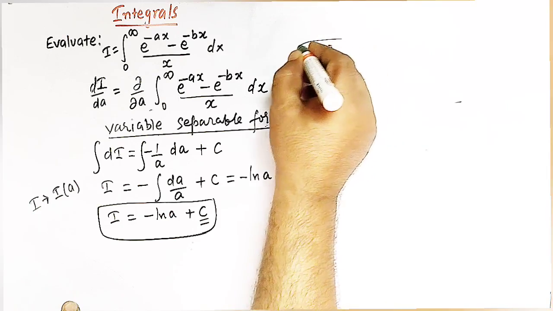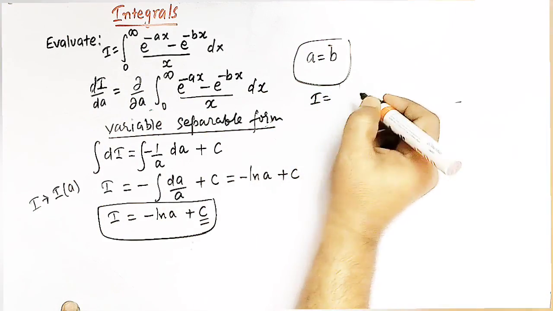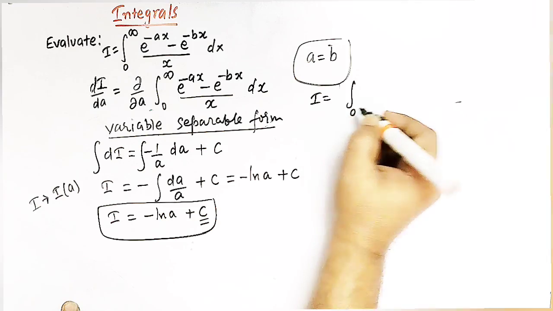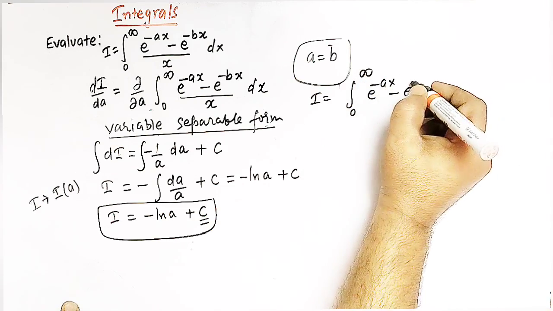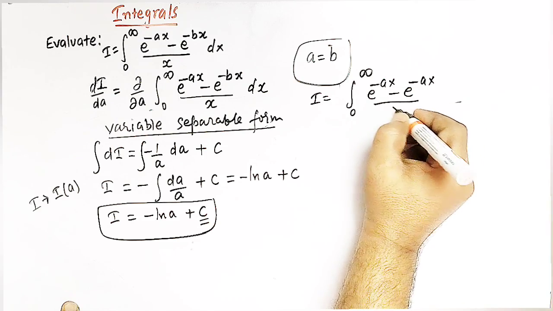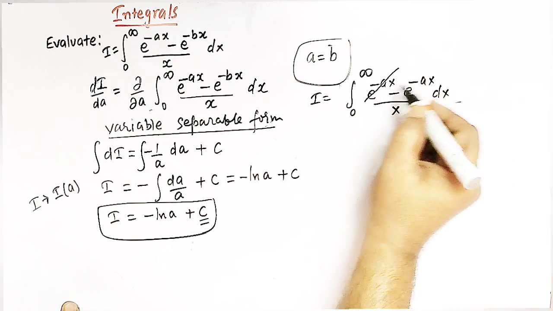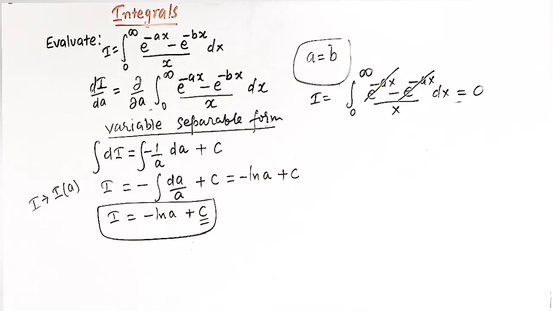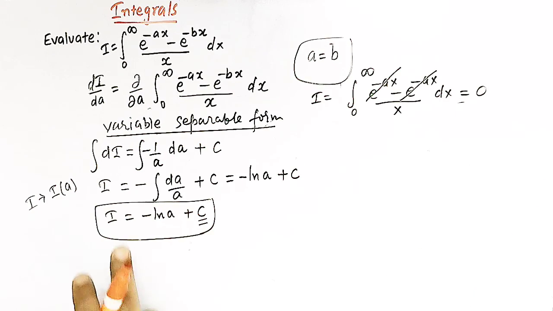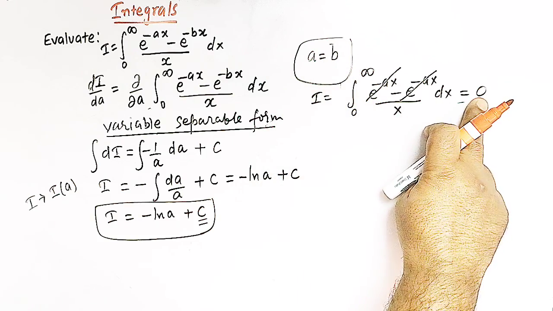So when we take a is equal to b in this integral, then the value of I is equal to the integral from 0 to infinity of e raised to minus ax minus e raised to minus ax over x dx, and we can see that these two terms get cancelled. So this is simply equal to 0. So now when a is equal to b, then the value of I is equal to 0.